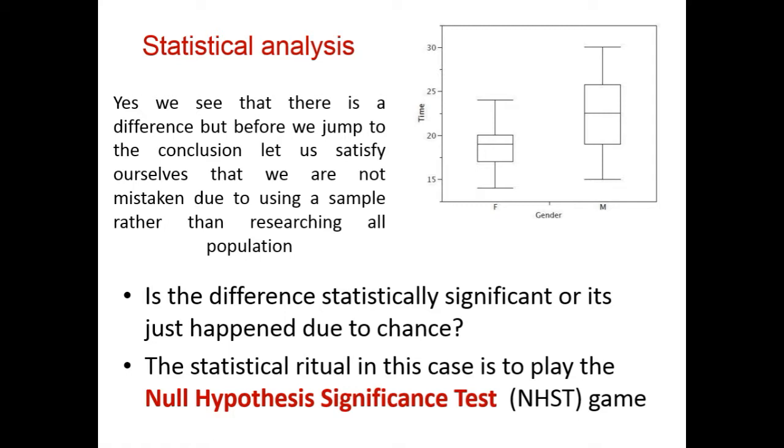It's sort of a ritual, a game played where you just follow steps and then you look at the final result, and from that you conclude whether the difference that we see here can be generalized to the population as a whole, or the difference is statistically insignificant. Therefore, even though we can see a little difference here, it is not good enough to be generalized.